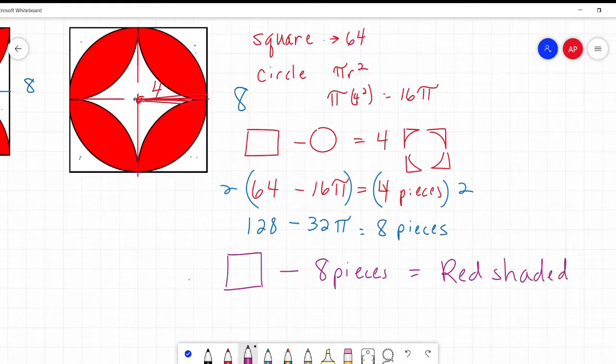So what is the area of the square? We've already established it up here. The area of the square is 64. And I'm going to subtract the area of the 8 pieces, 128 minus 32 pi. And that is going to equal my red shaded area.